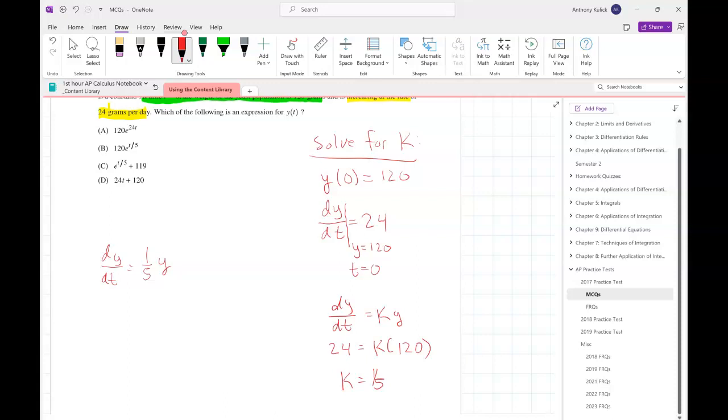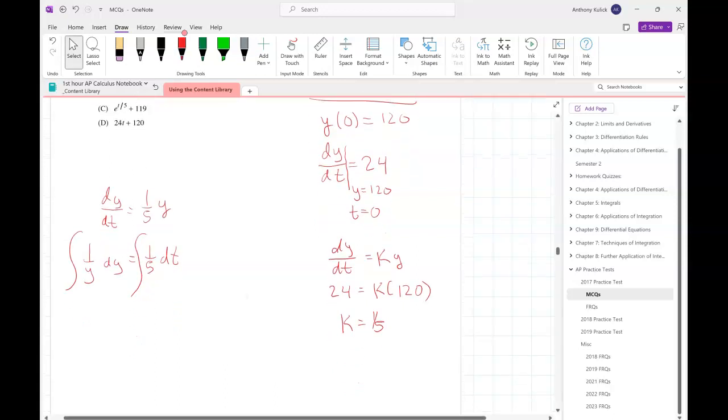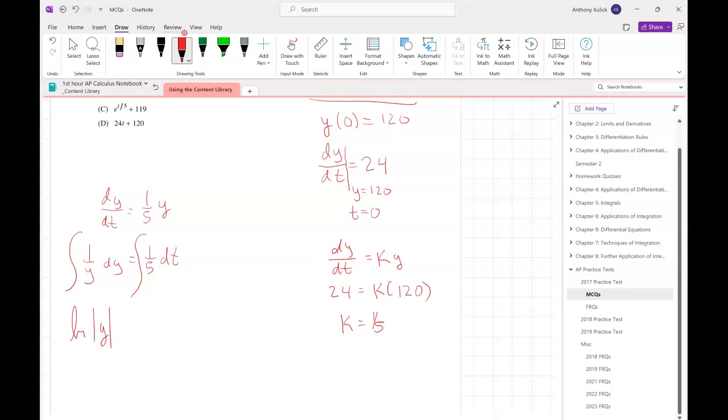To solve this differential equation, I'm going to separate it. So I'll divide both sides by y and multiply both sides by dt. And then we'll integrate both sides. The antiderivative of 1 over y is natural log of y.